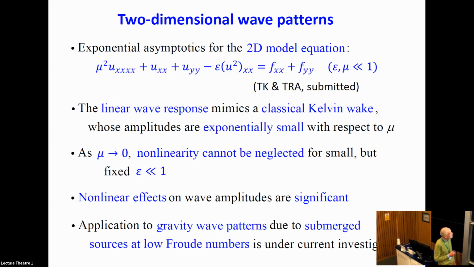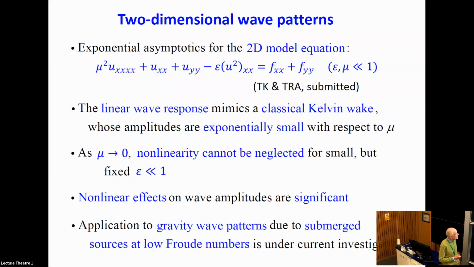More importantly, however, if you look at the wave part, so this has, of course, a quadratic nonlinearity, but the dispersion relation of the wave part agrees with the deep water dispersion relation of steady waves. So the linear aspects of this problem mimic the linear aspects of steady deep water waves, so you expect Kelvin wakes and so on.